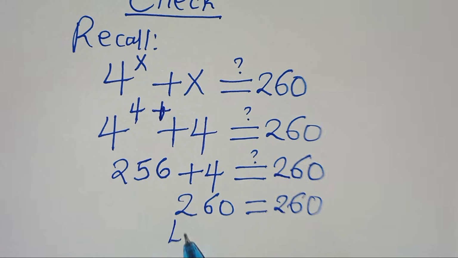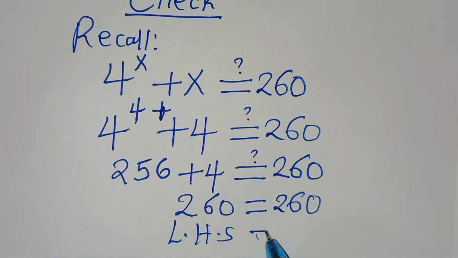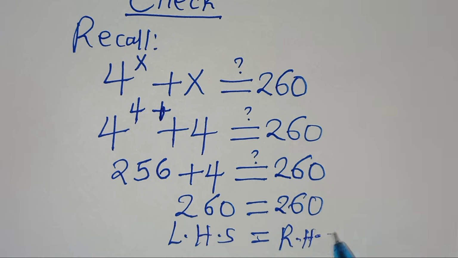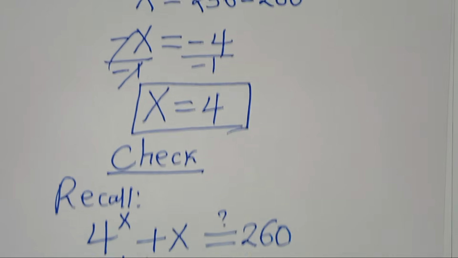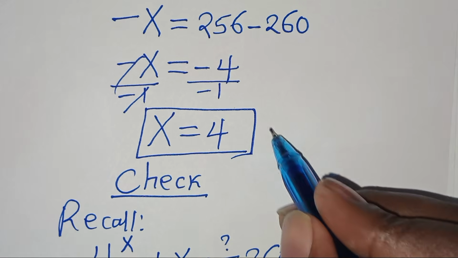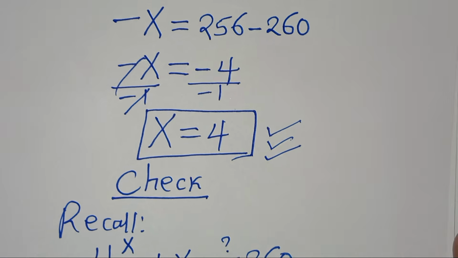So the left hand side is equal to the right hand side. And this affirms that the value of x, which is equal to 4, satisfies the equation.